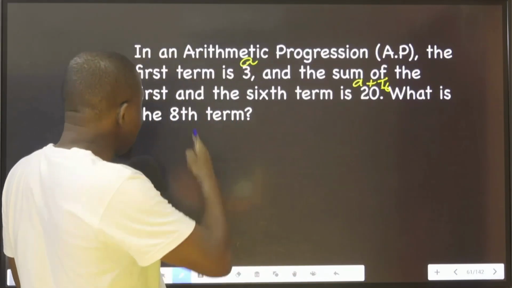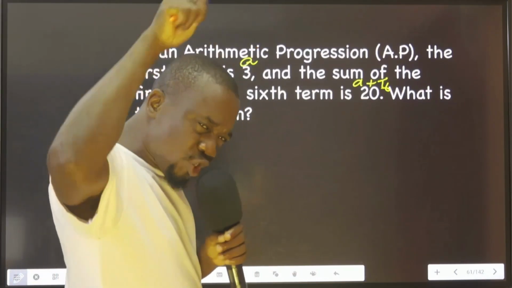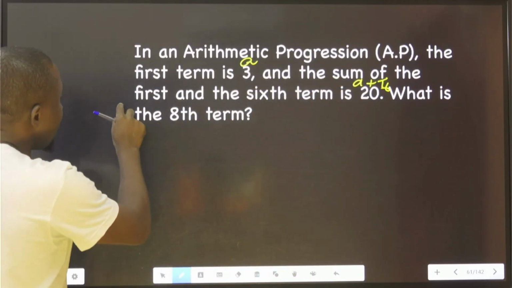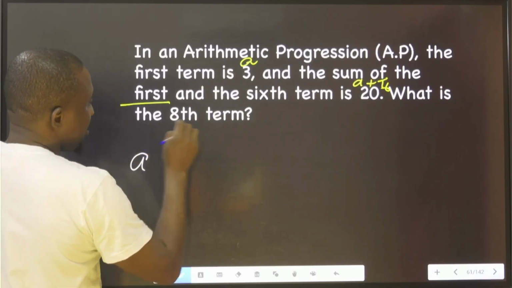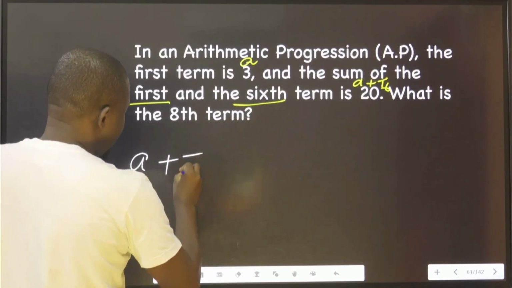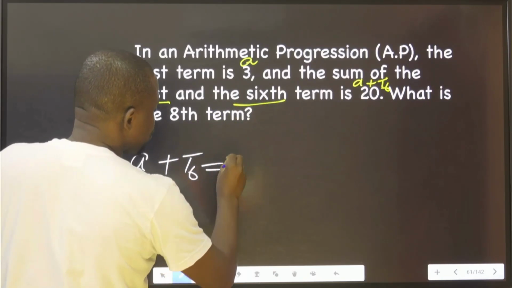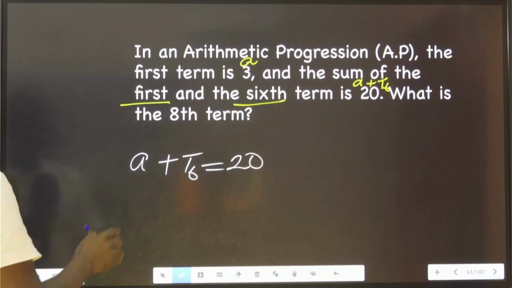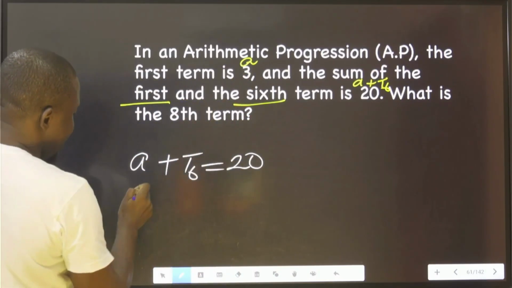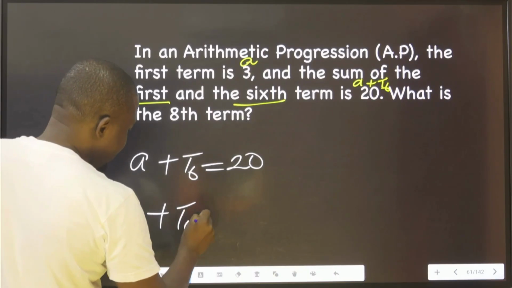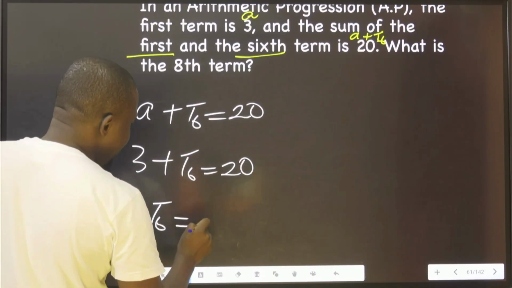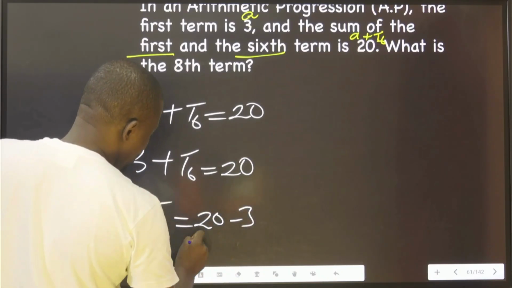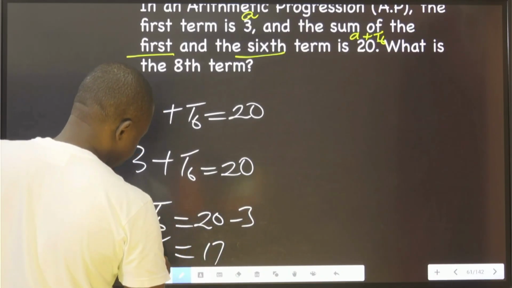It's saying the first and you have to jump to the sixth one. Therefore, let's represent this one as A. This one is the sixth term, plus 6, equals 20, right? We know that this is A, 3 plus this equals 20. Therefore, the sixth term is 20 minus 3, which is 17.